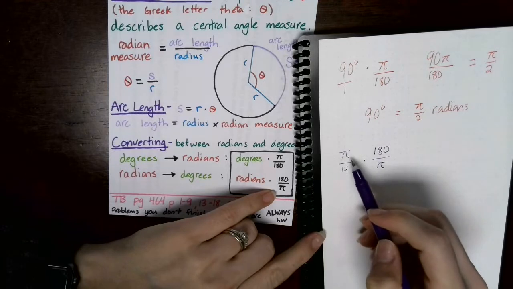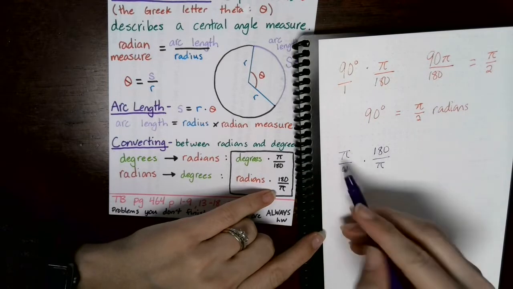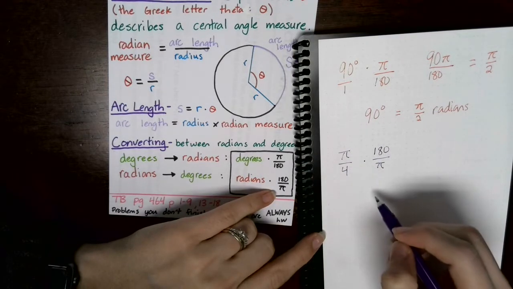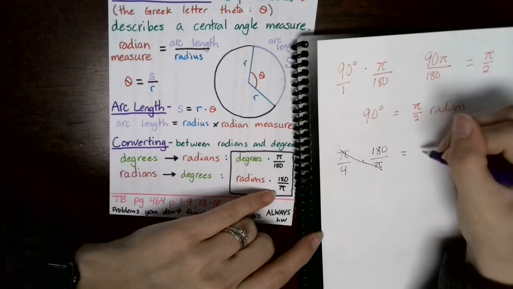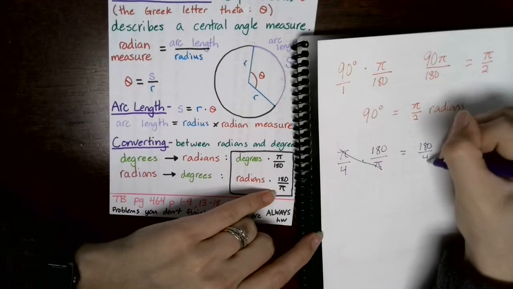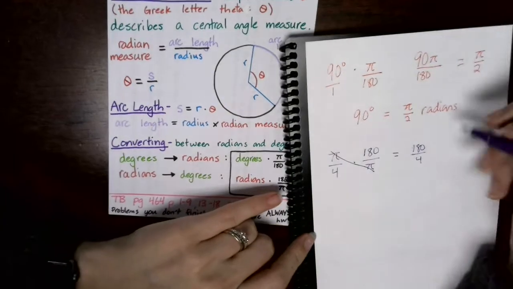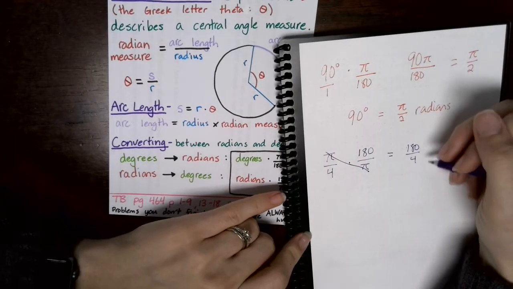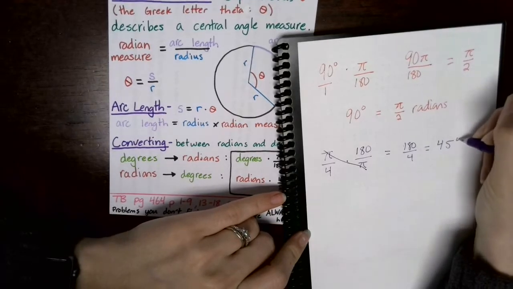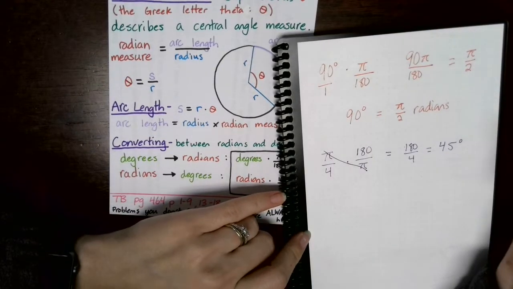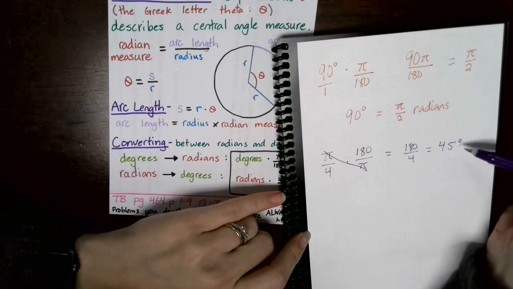Well, what happens here when I have pi times 180 and 4 times pi? I have a pi on top, pi on bottom. Those cancel out, and I am just left with 180 over 4. Well, 180 divided by 4: divided by 2 is 90, divided by 2 again is 45. So I'm left with 45 degrees. And that makes sense, and I put the degree symbol there.